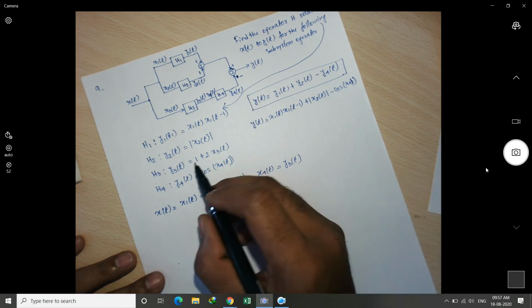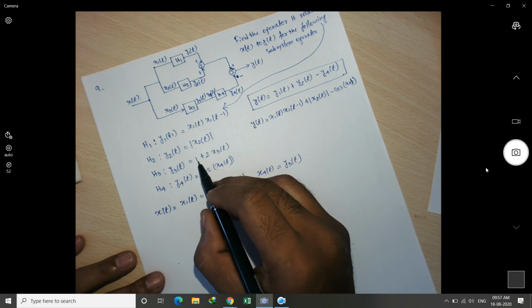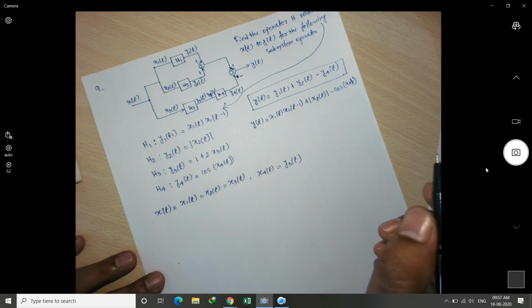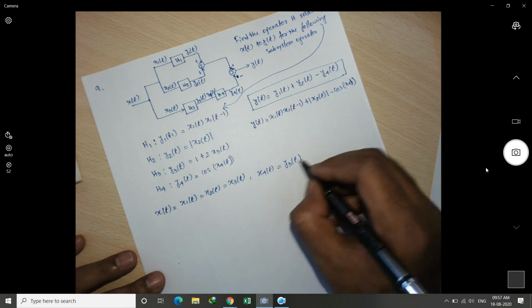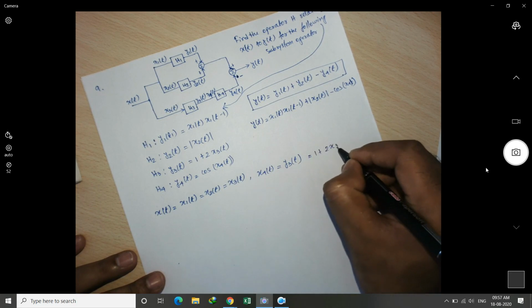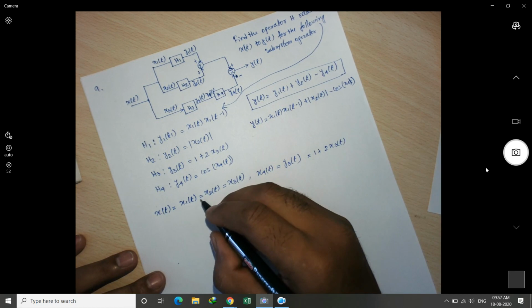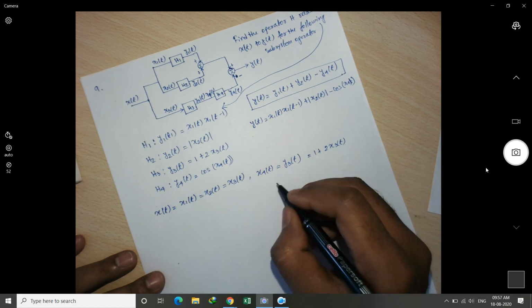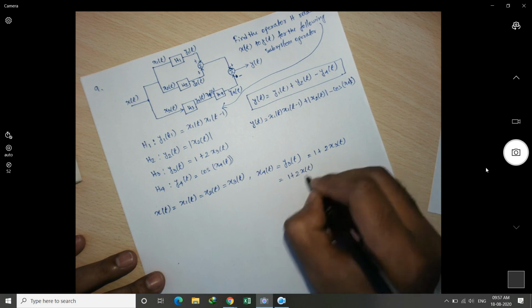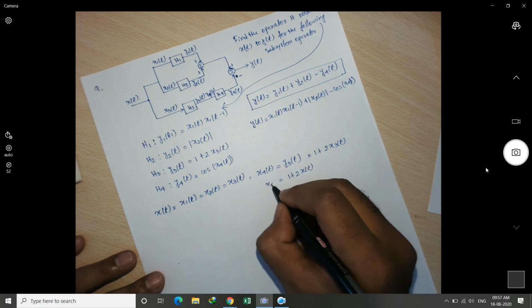So what is our y3t? It is 1 plus 2 of x3t, isn't it? So for this y3t we write 1 plus 2 of x3t, and our x3t is again xt. So our x4t is finally 1 plus 2 of xt.